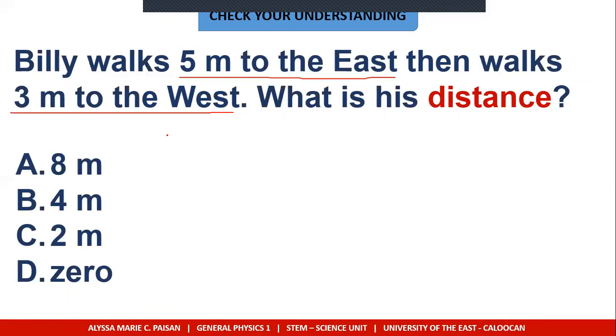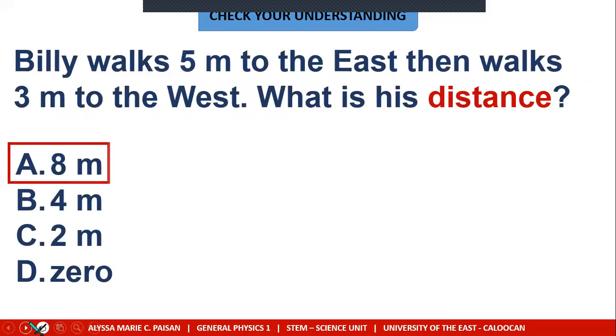Therefore, again, the magnitude of displacement is considered to be distance. In this case, since you have to get the distance, you disregard the directions and you just add together the magnitudes, which gives you 8 meters because that's 5 plus 3 meters.